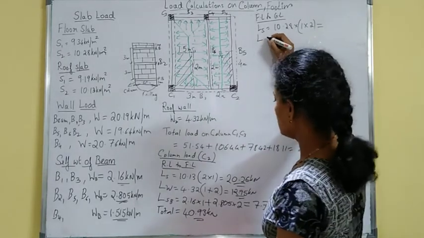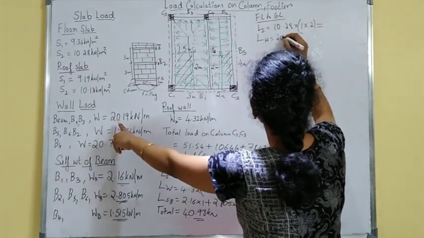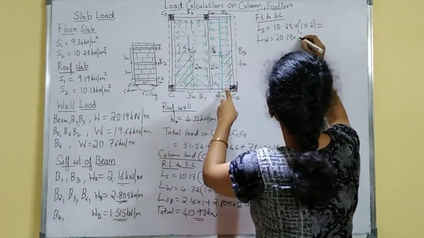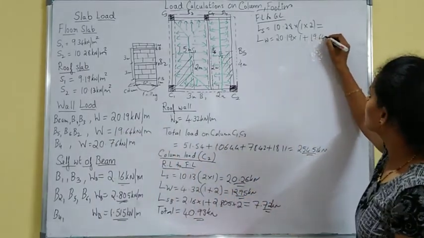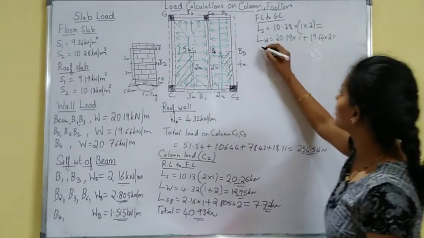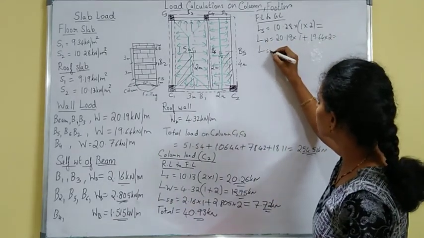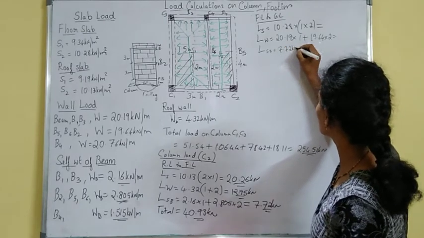Then wall will be, for wall load here 20.19 into 1 meter plus 19.64 into how much? 2 meter equal. Then sulfate of beam will be same, that is 7.72 kilonewton.